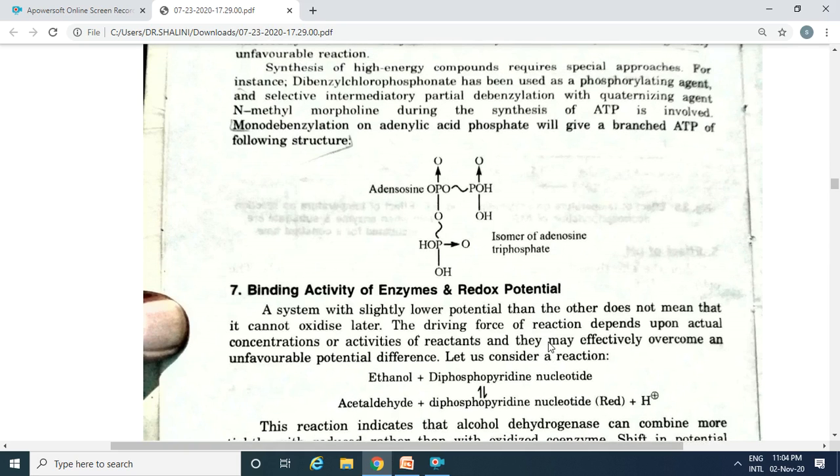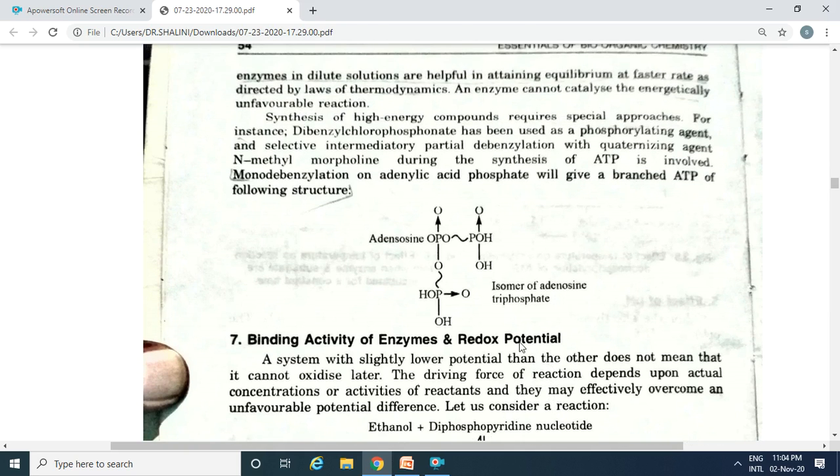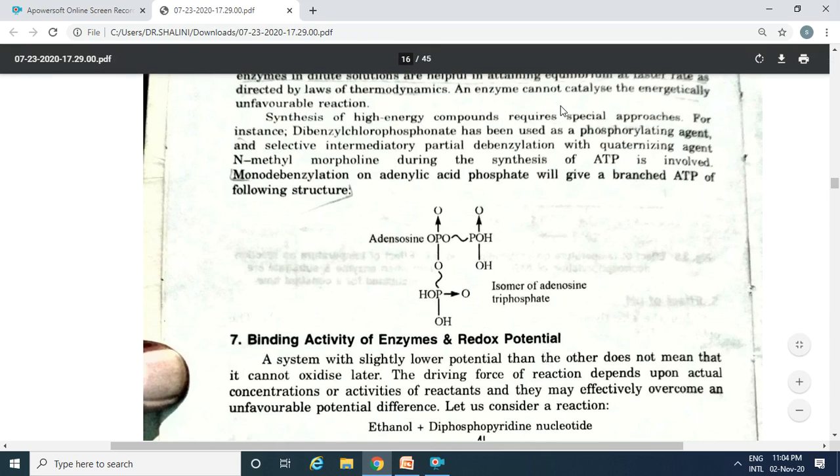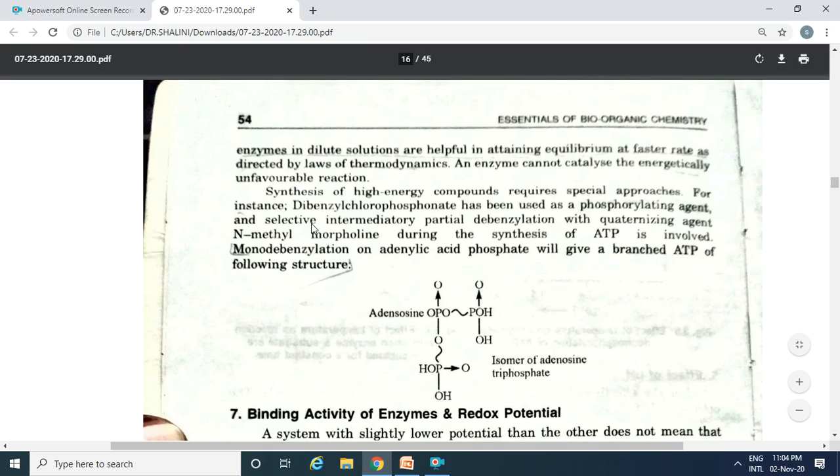The enzymes in dilute solutions are helpful in attaining equilibrium at a faster rate as directed by the law of thermodynamics, and an enzyme cannot catalyze an energetically unfavorable reaction.